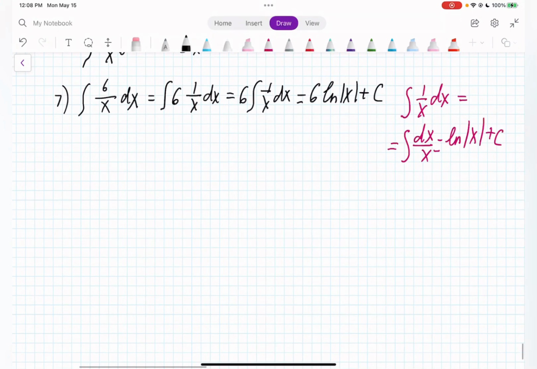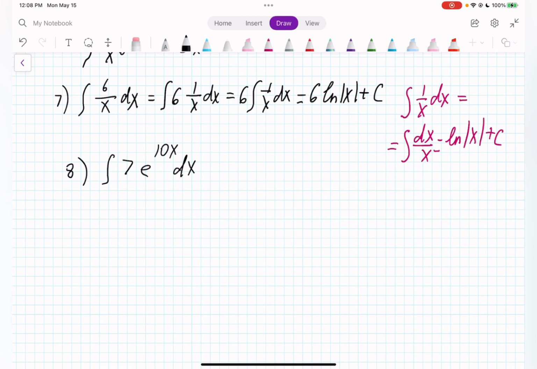Question number 8: the integral of 7 e to the power 10x dx. Okay, how are we going to solve this problem?